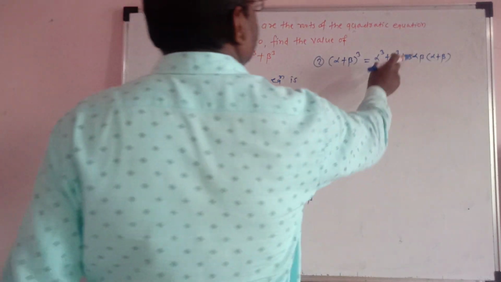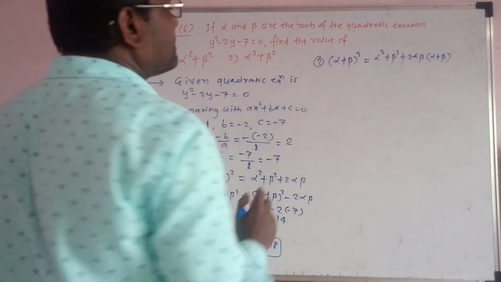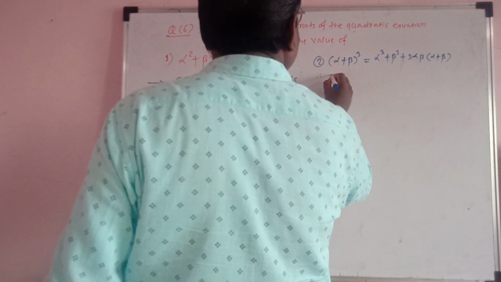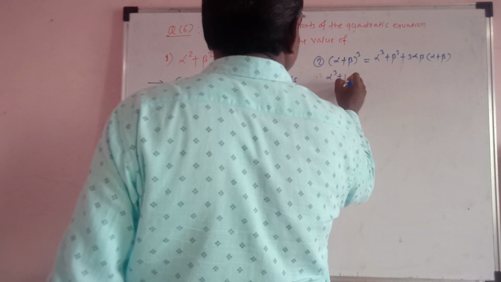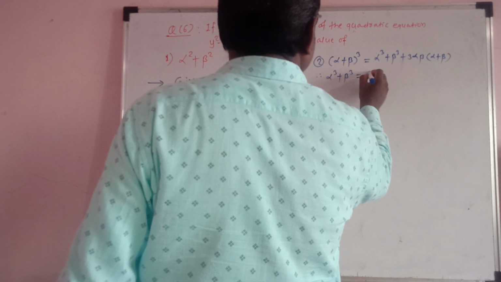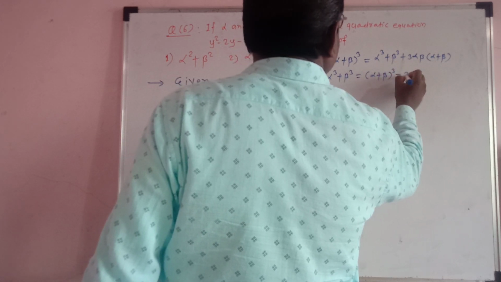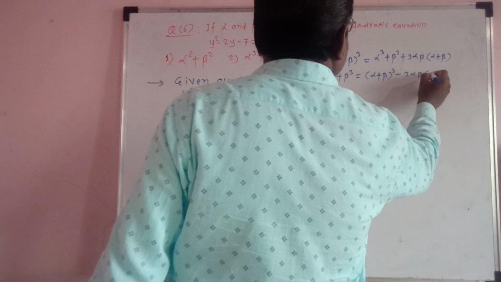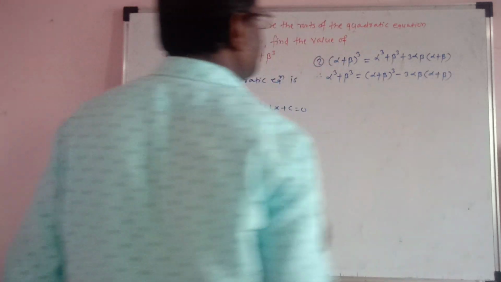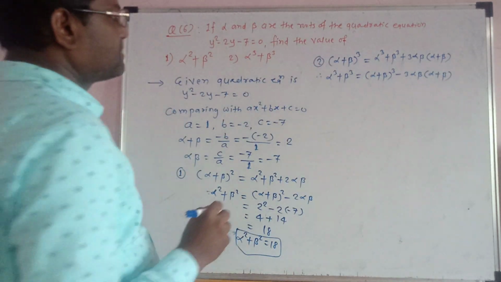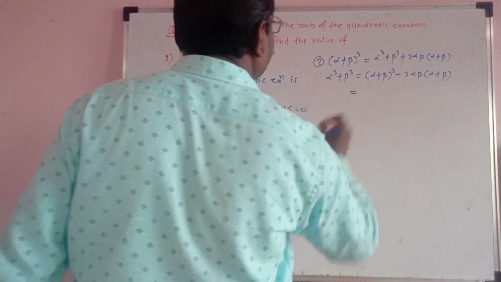Now we have to find the value of alpha cube plus beta cube. Therefore alpha cube plus beta cube is equal to (alpha plus beta) cube minus 3 alpha into beta (alpha plus beta). Substitute the values.